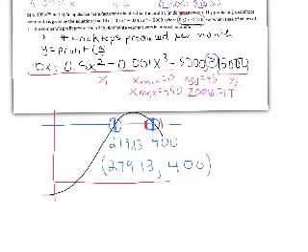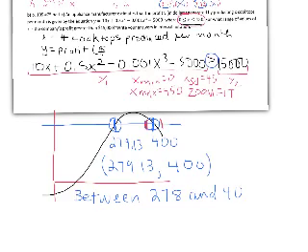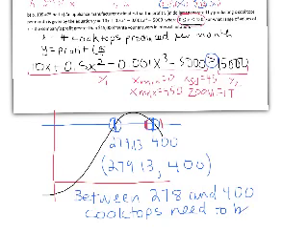If we want to interpret this, since it's a word problem, we would say that between 278 and 400 cooktops need to be produced to make a profit greater than 15,000.